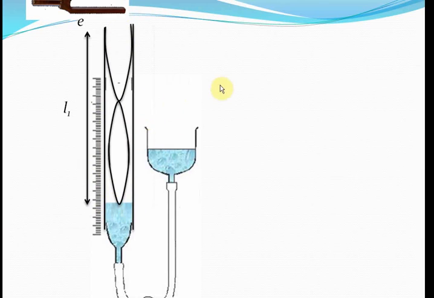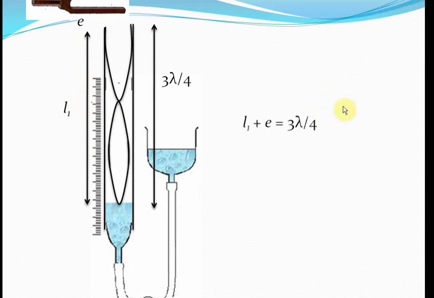After all, the frequency of the tuning fork has become equal to the second harmonic frequency of this closed organ pipe. Now, this length is clearly 3 lambda by 4. And, as in the previous case, L1, the new reading of the air column, plus E is equal to 3 lambda by 4. By using the formulae L plus E equal to lambda by 4 and L1 plus E equal to 3 lambda by 4, the values of E and lambda can be obtained.